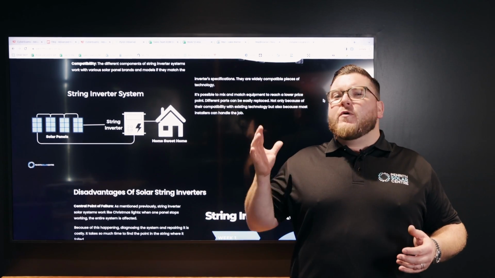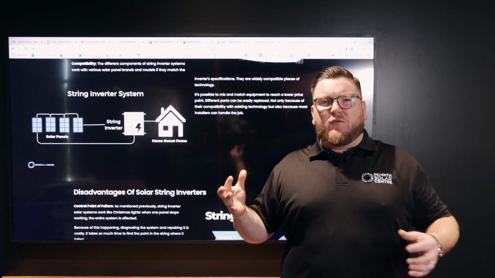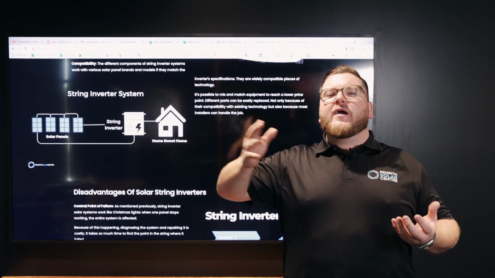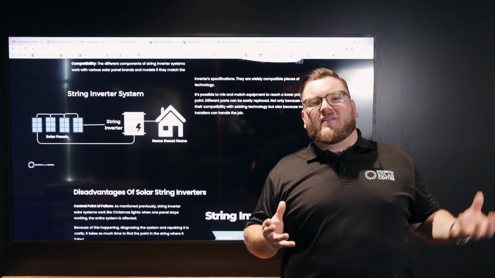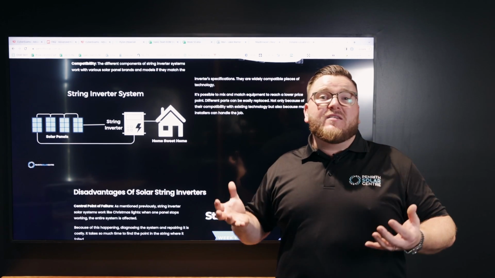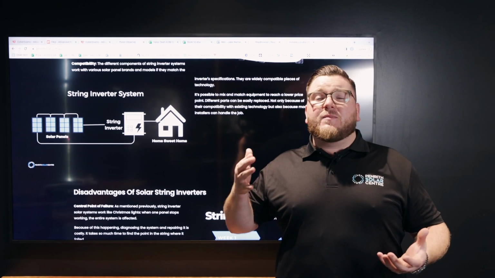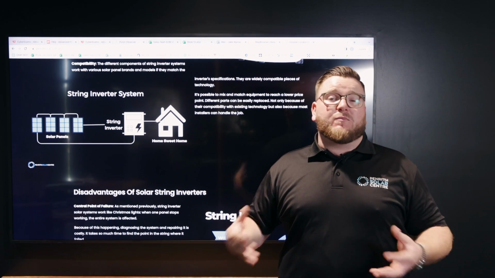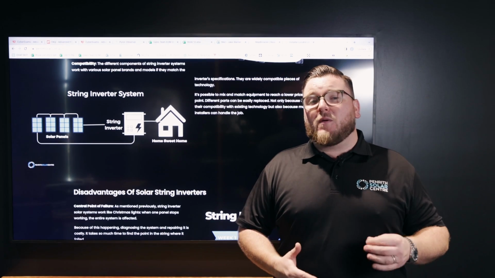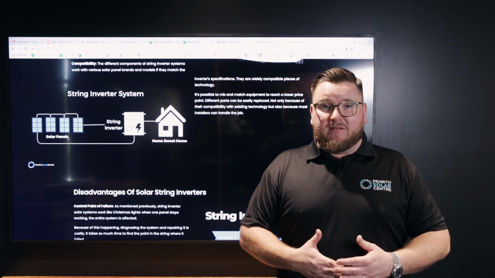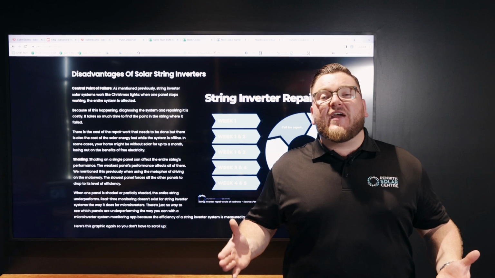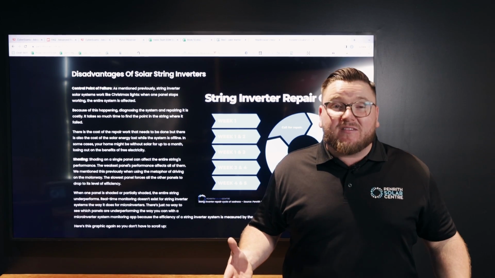You see, you can take almost any brand of string inverter and mix it with any brand of panel and any brand of DC cable and any brand of DC isolator to get your end solution depending on your budget. So string inverters are seen to be more compatible to different types of products and sometimes even more compatible to different types of batteries.